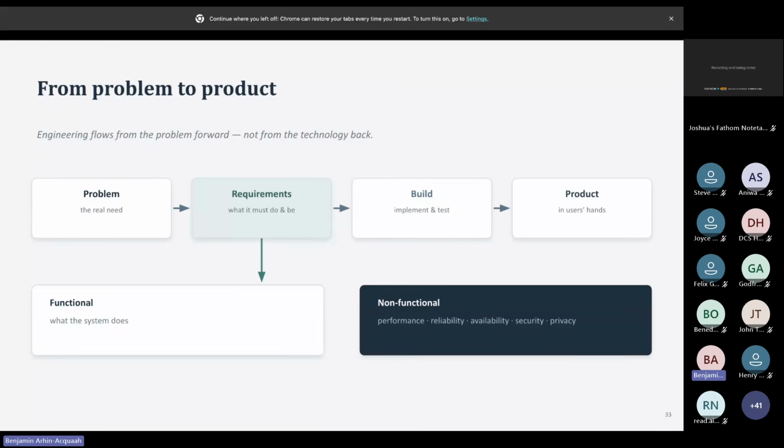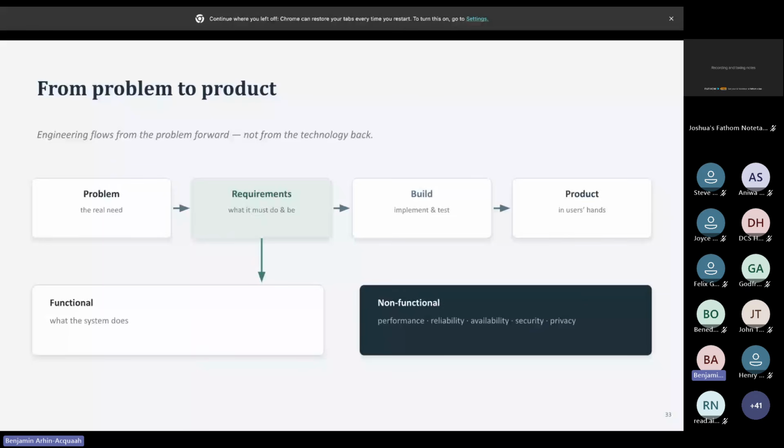So what the system must do or be able to do, right? Then you build, so the implementation, and then you test it. Once it's built, you have a product, then you put it in users' hands to use.